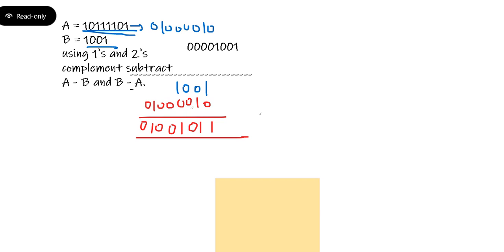Now here I don't have any carry. So when I convert it, what is the value here? 180. A value is 9 and B value is 189, so I have to get the value as 180.